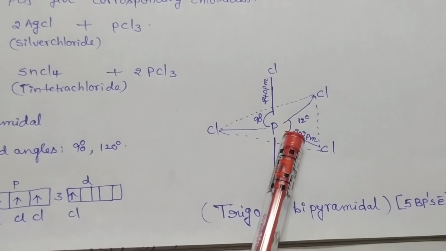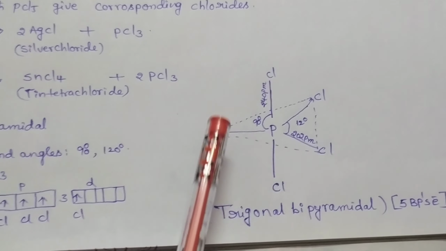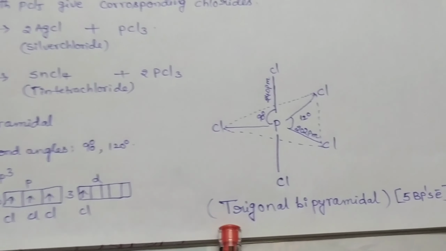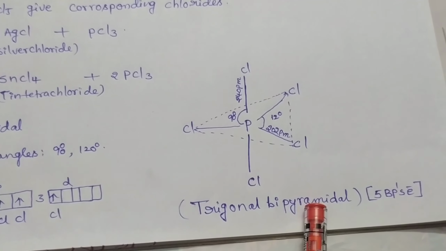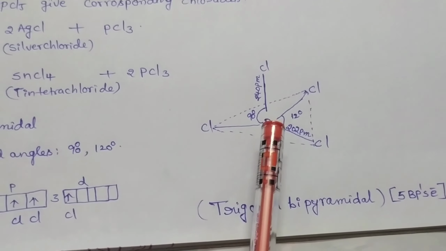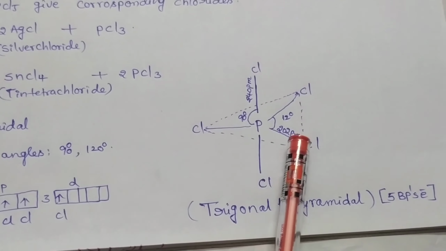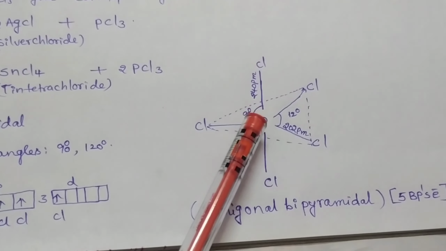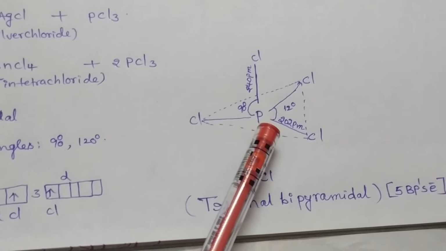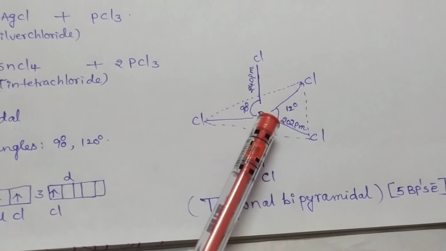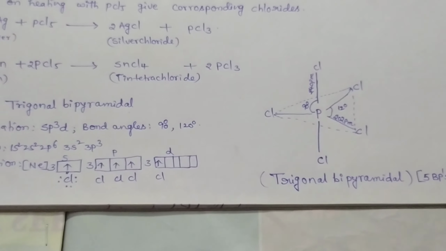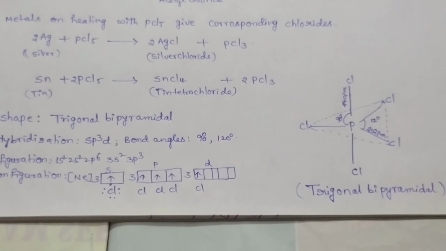This phosphorus reacts with 5 chlorine atoms, undergoes sp3d hybridization, and forms a trigonal bipyramidal structure with 5 bond pairs of electrons. The bond angles are 90 degrees and 120 degrees. Here the phosphorus-chlorine bond length is 240 picometer. The other phosphorus-chlorine bond length is 202 picometer. This is the structure of phosphorus pentachloride.